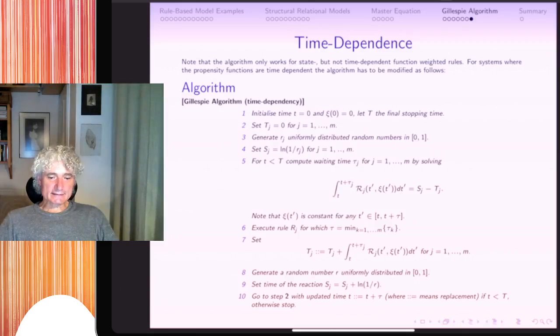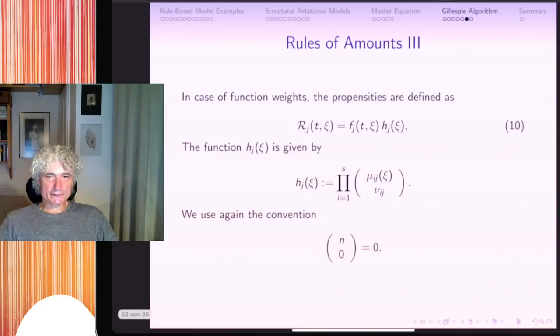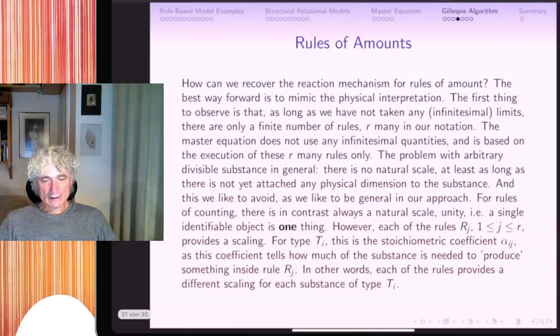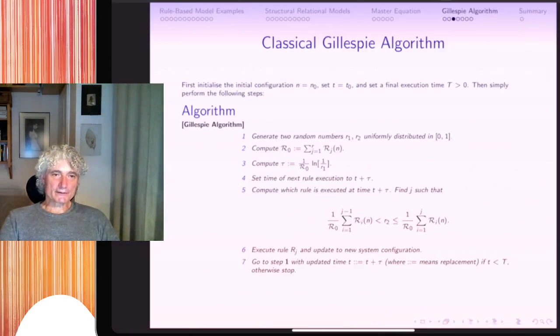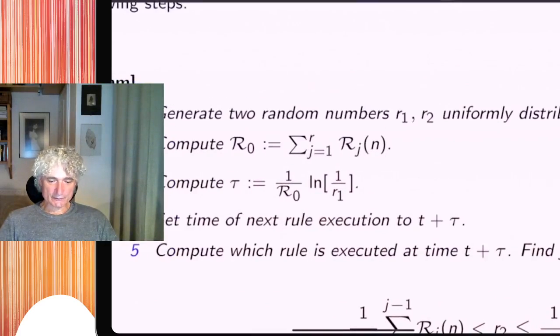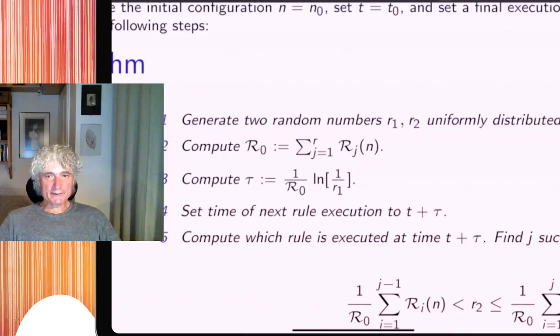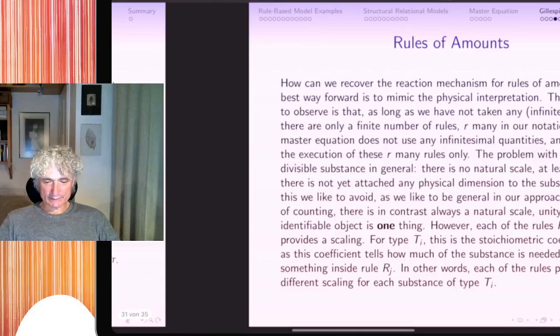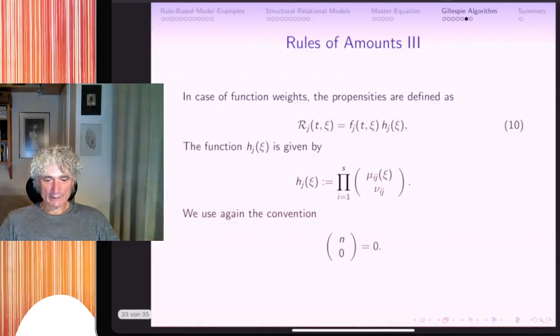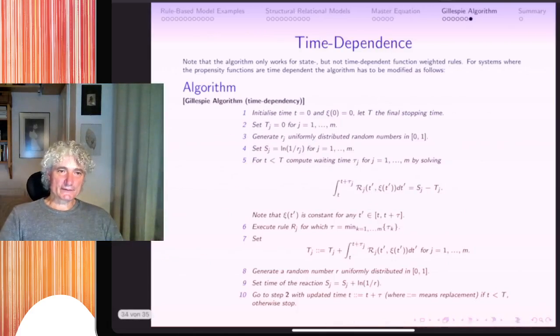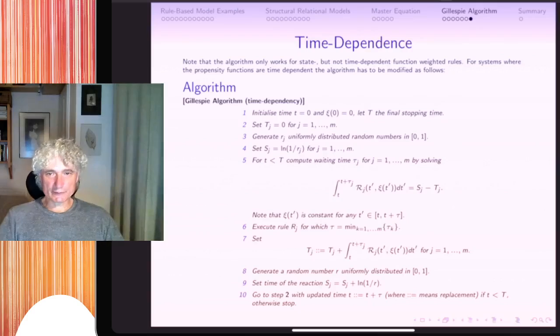Now actually you have to be careful with the Gillespie algorithm like here, because here you cannot have any time dependence on the propensities. So you can see that the propensities are assumed just to be depending on the configuration n. So what happens if you actually include a time dependence on the propensities? In this case you have a slightly different Gillespie algorithm, which is both true for the rules of counting and for the rules of amount.